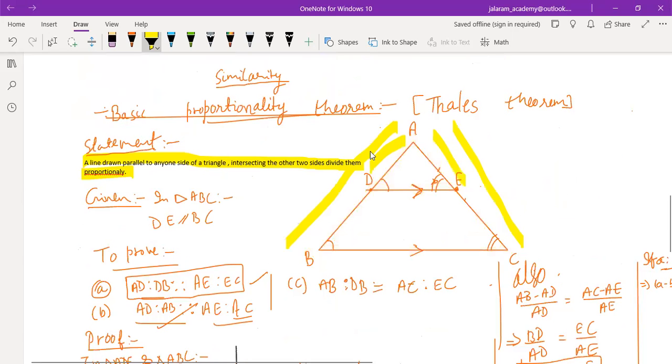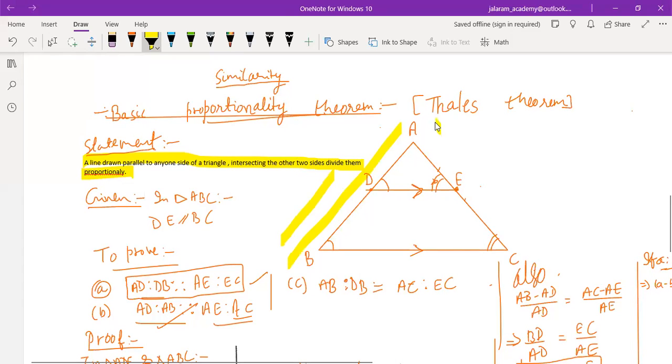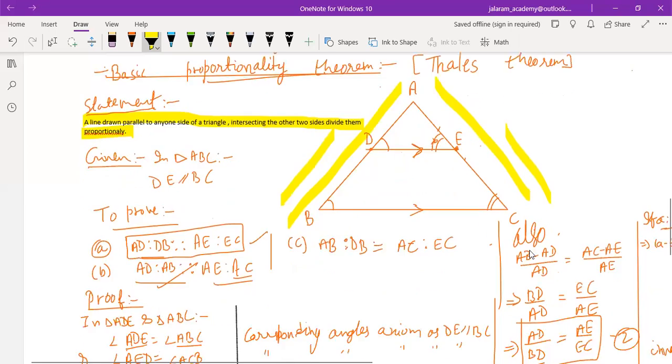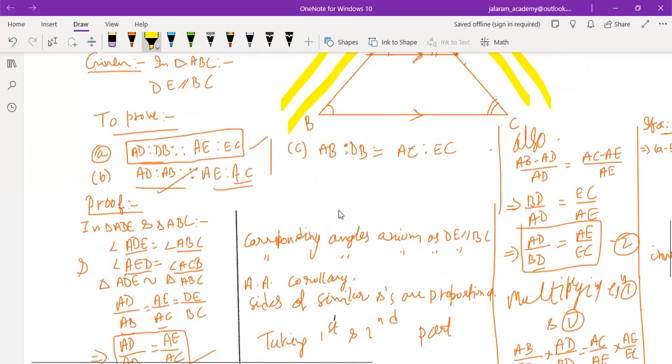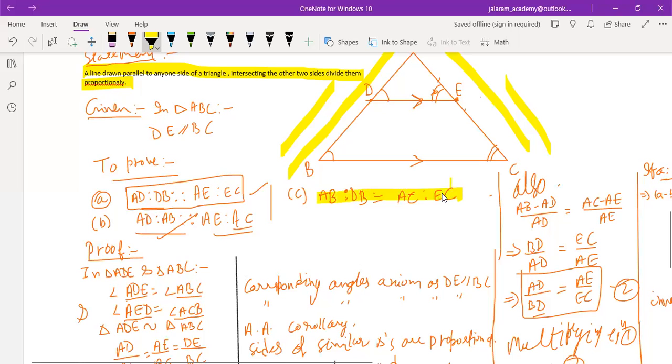And one more thing, this one, AB upon BD equals AC upon EC also, which we have written as the third property.